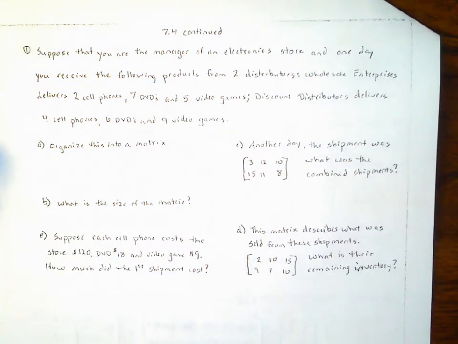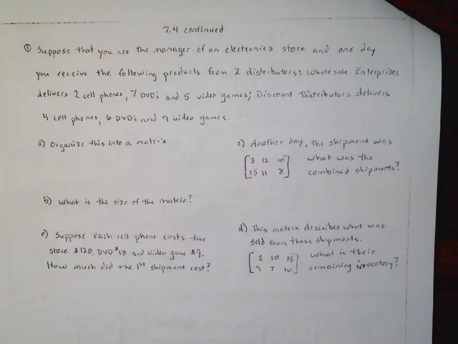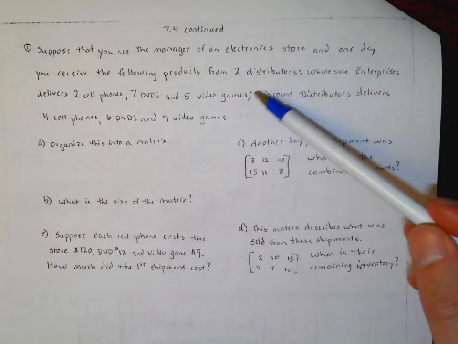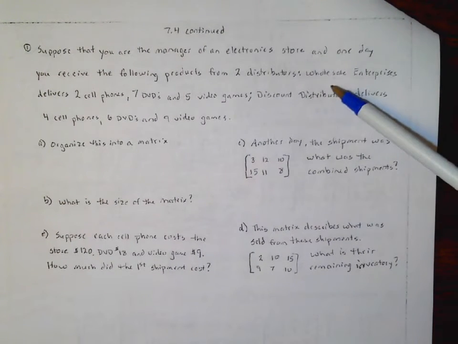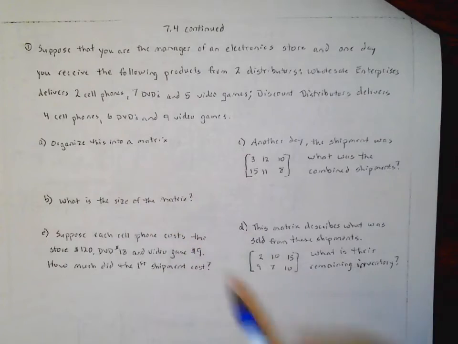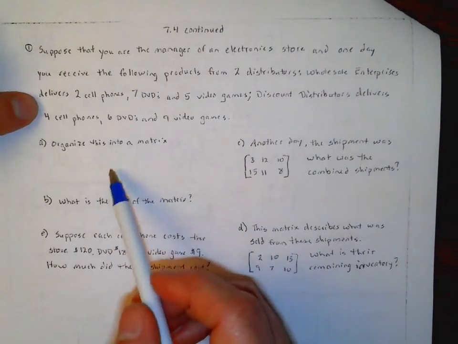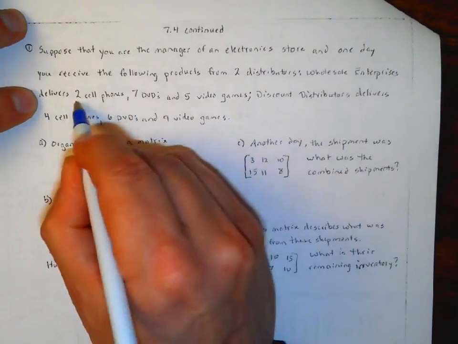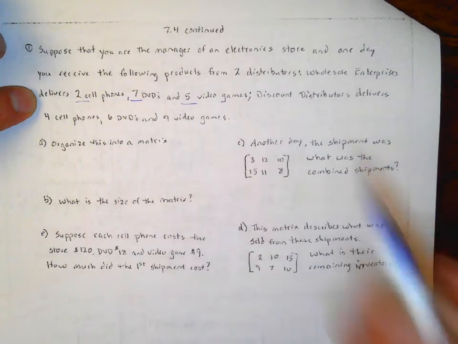Okay, so if we think about applying this a little bit, suppose you are the manager of an electronics store, and one day you receive the following products from two distributors. Wholesale Enterprise delivers 2 cell phones, 5 DVDs, and 5 video games.